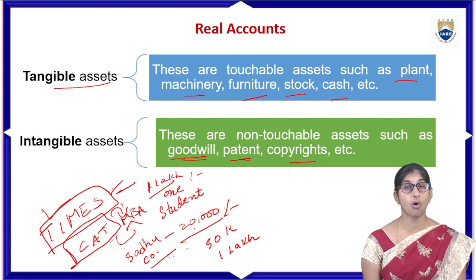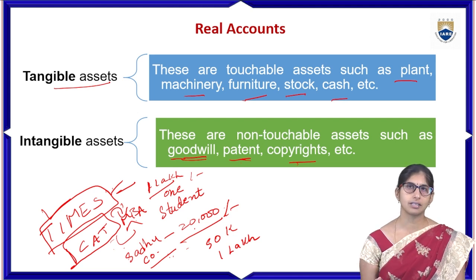These are all assets to the organization. Goodwill is a great asset to the organization. Patent is an asset. Copyright is an asset. Trademark is an asset. All these are assets, but we cannot see them.